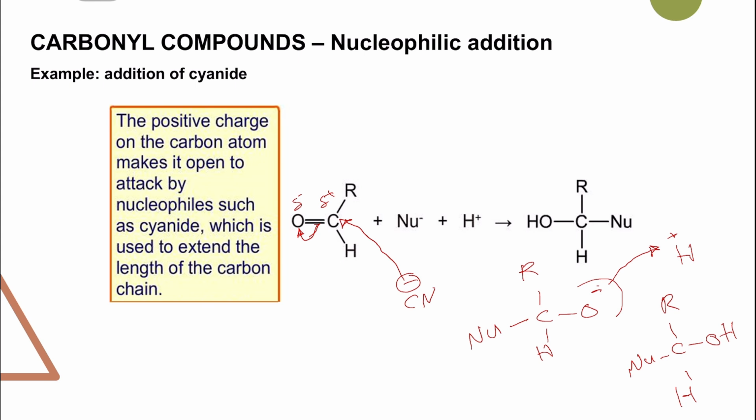It will add to the electrophilic carbon first. The nucleophile will be added to the electrophilic carbon, which has a positive or partially positive charge, and then the hydrogen will add to the oxygen. So we end up with an OH instead of the oxygen.